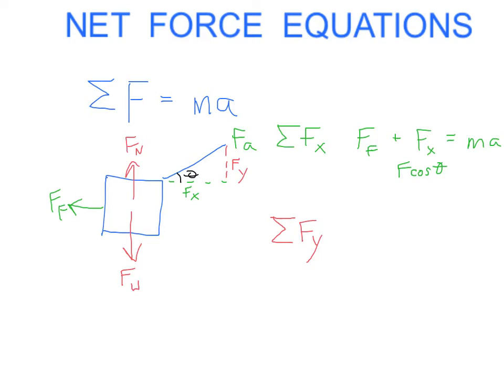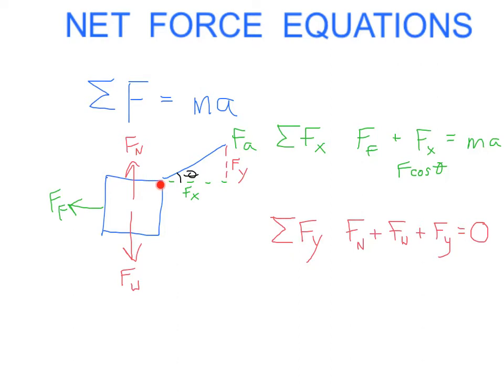In this case, we've got the normal force, the force of weight, and the vertical component of that applied force. Now, if there's vertical motion, we set it equal to ma. Since we've never dealt with any hopping boxes, we'll assume that there is no motion in the vertical, and so we set it equal to 0.